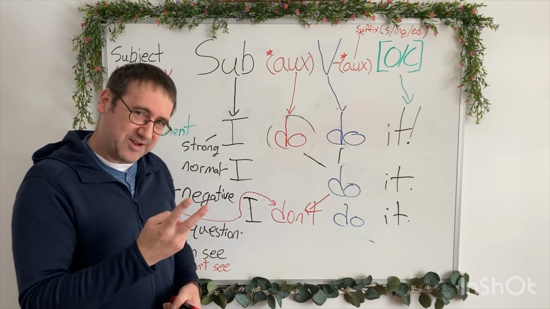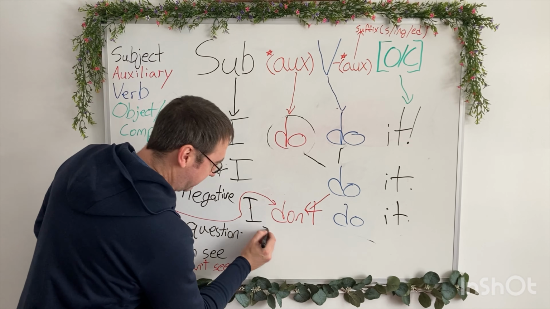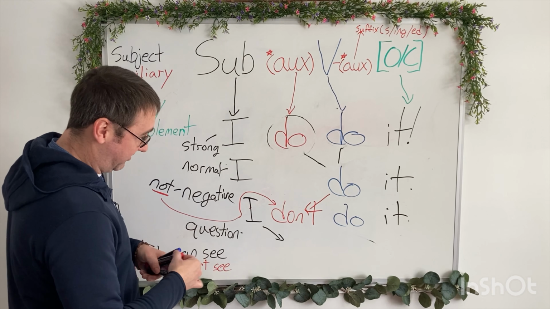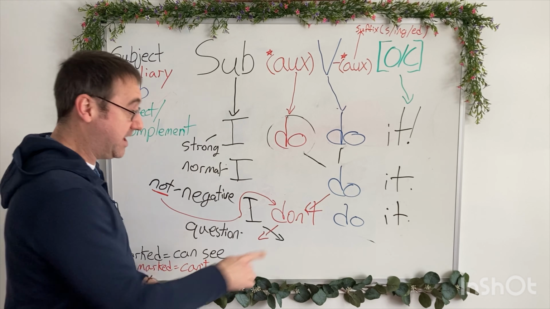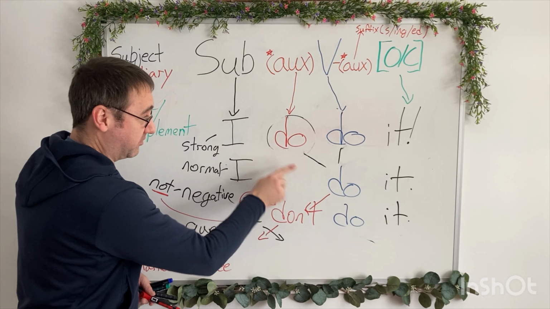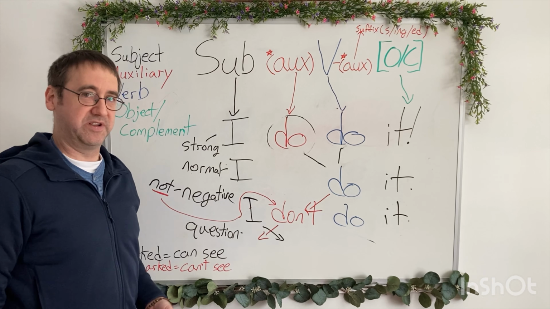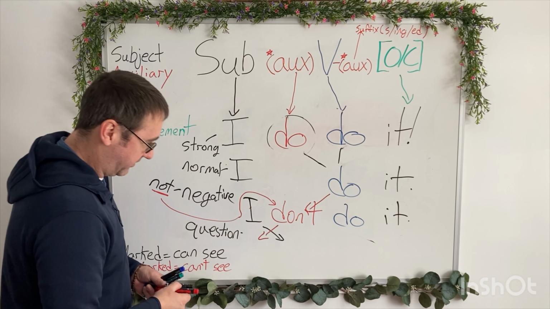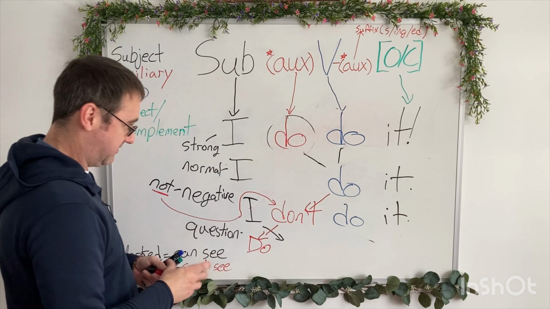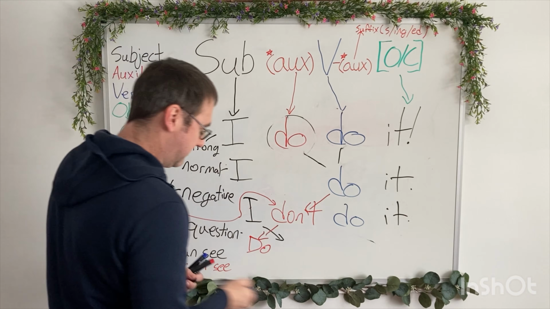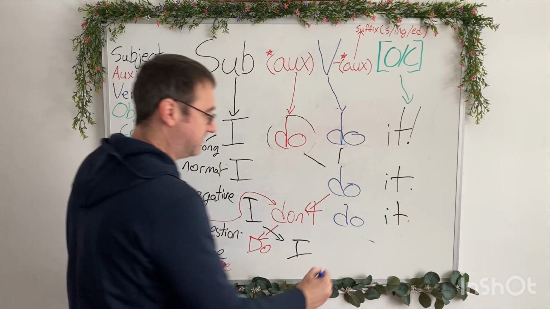So what are you actually switching? Well, what you're switching is the auxiliary and the subject. So you're actually taking these two pieces and switching them. Either the positive, which is up here, and the negative, which is down here. So you can put either one of those in the front, and so the question would be, do I do it?